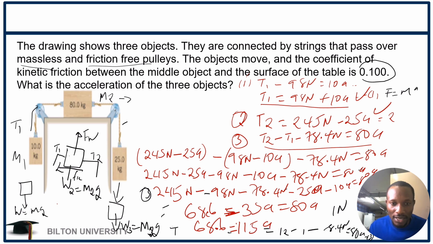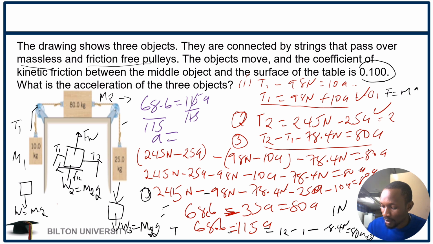We can then calculate the value of our acceleration by saying 68.6 is equal to 115A, and we divide both sides by 115. Our acceleration is equal to 0.596 meters per second squared.